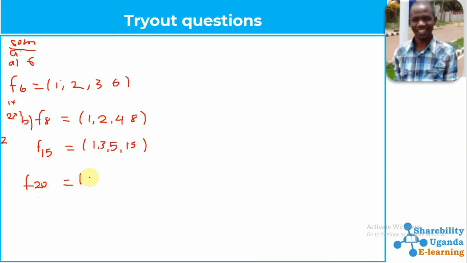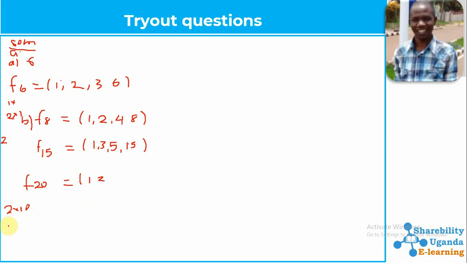So for the factors of 20, we shall have a 1, that is 1 times 20 still remains 20. Then can we try a 2? If we say 2 times 10, we get 20. So we have our 2. Which other number can we try?